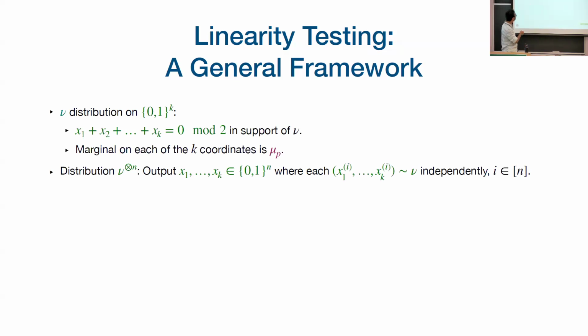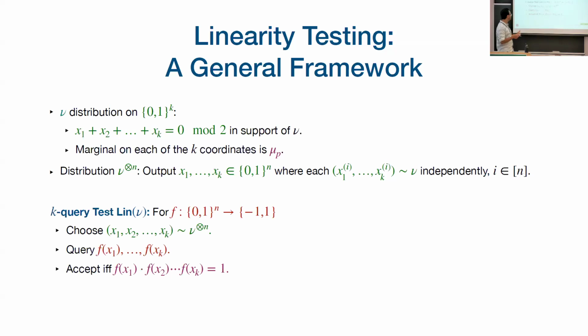And the marginal of each of x1 up till xk is mu p. These are the two conditions I would require from this distribution nu. Similarly, I would define this distribution nu to the n, which outputs k vectors in {0,1}^n, where you can think of it again as a k cross n matrix where each column is chosen independently from nu. So it's essentially the same as what I had before, like the example.